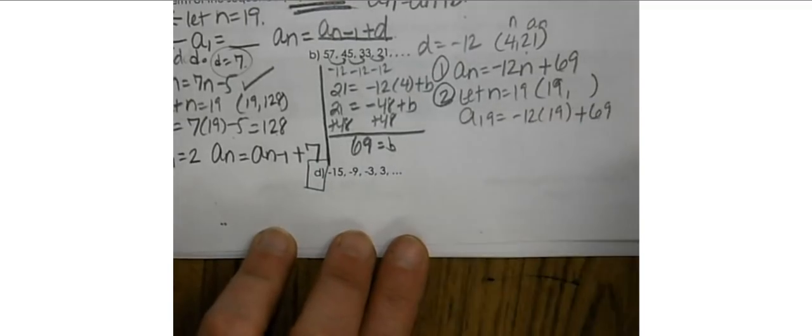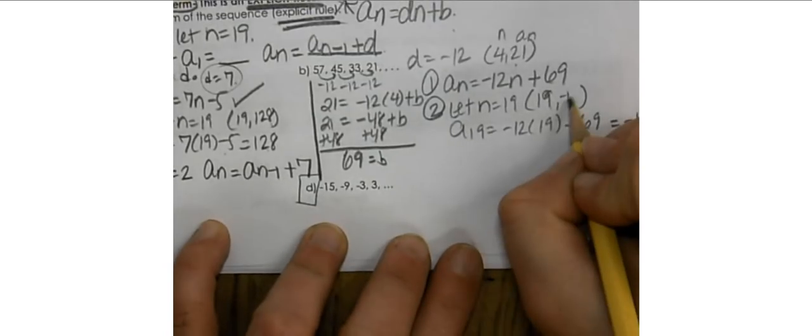And I'm simply going to put that into my calculator exactly as I see it. So I have negative 12 times 19 plus 69, and I end up with negative 159. So negative 159 is my 19th term.